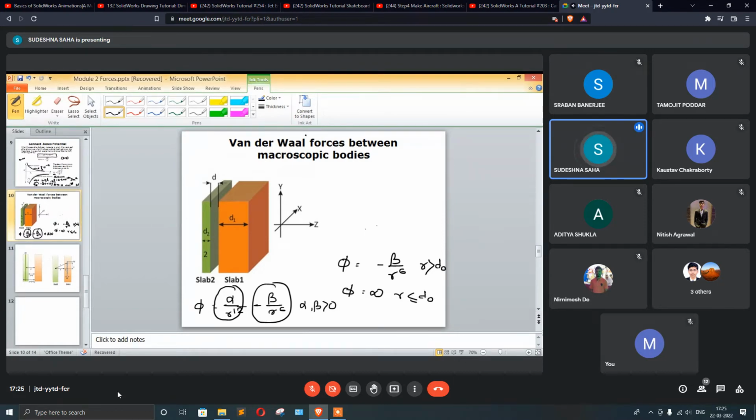That means if I put the potential graph, we are moving from this towards a situation like this. Anything below d naught is infinity, anything above d naught is minus beta divided by r to the power 6. Fine? Is it clear?